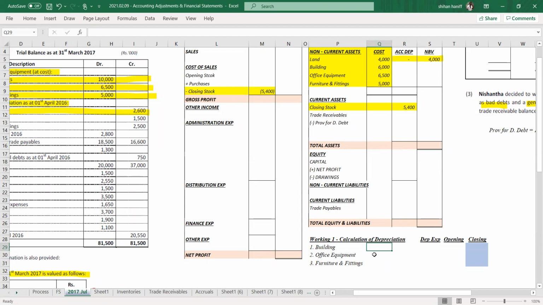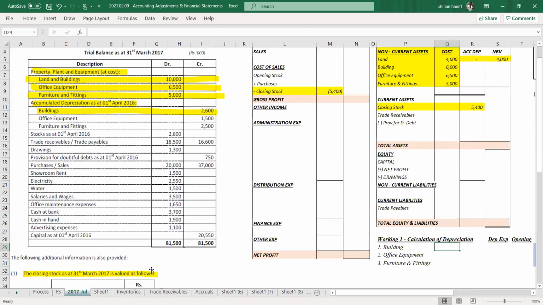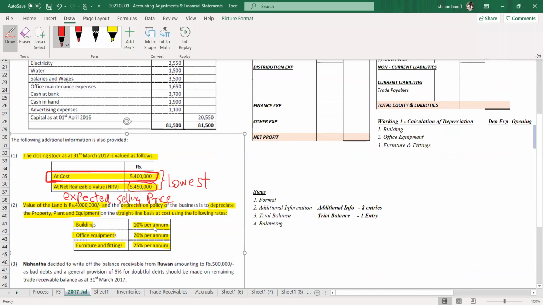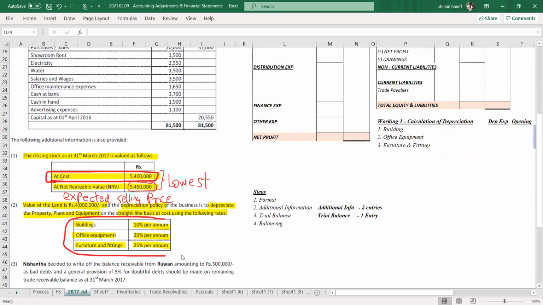Then we have to calculate the depreciation. Depreciation rates are given. Building is 10%, office equipment is 20%, furniture and fittings is 25%. So we will calculate. Building value is 6,000 into 10%. 6,000 into 10% is 600.